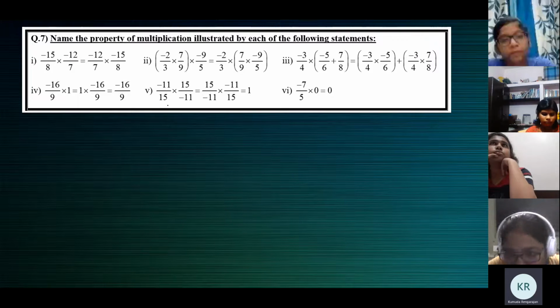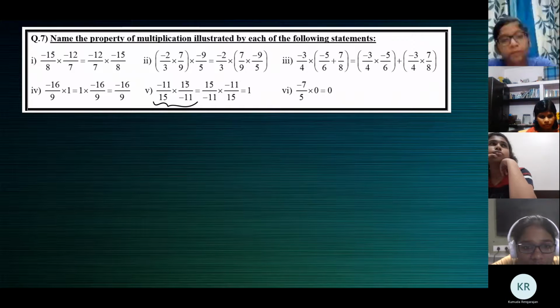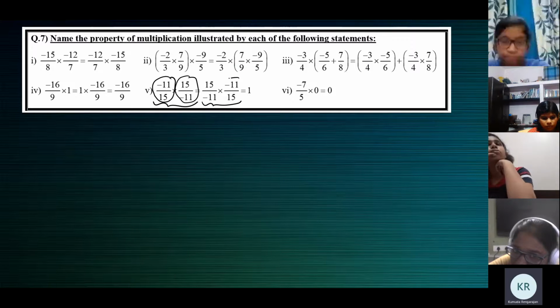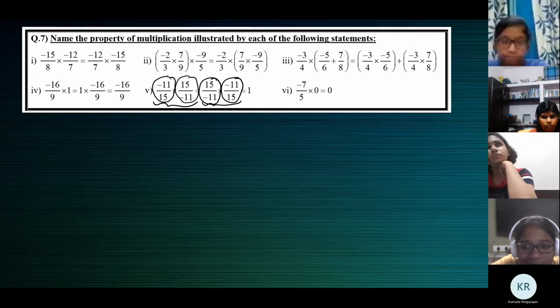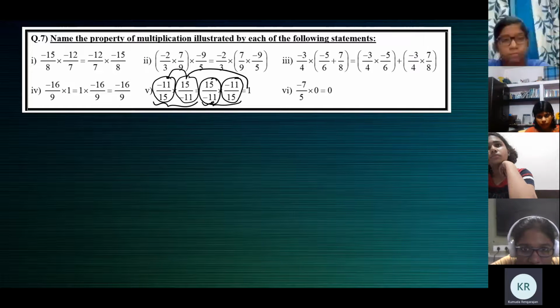See, from this what you can say is 15 by minus 11 is the multiplicative inverse of minus 11 by 15. From this, what can you say? Minus 11 by 15 is the multiplicative inverse of 15 by minus 11. The product of a rational number and its multiplicative inverse is 1.